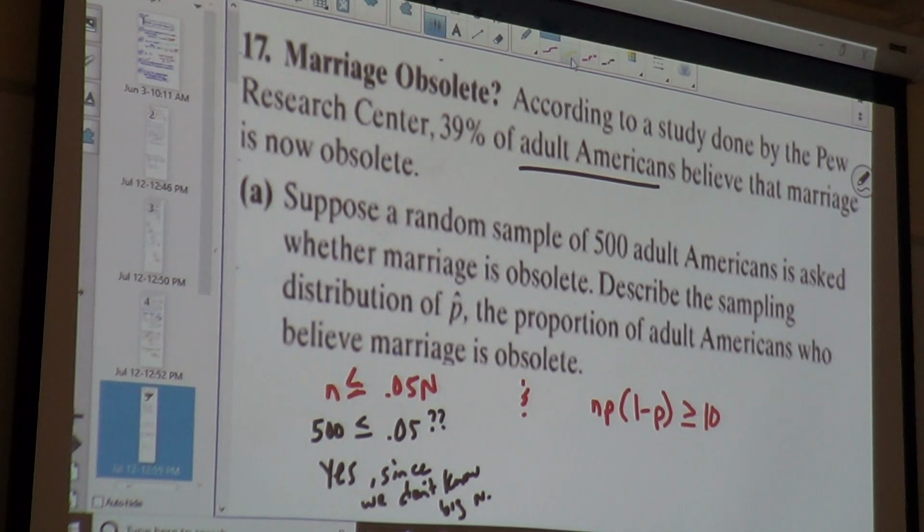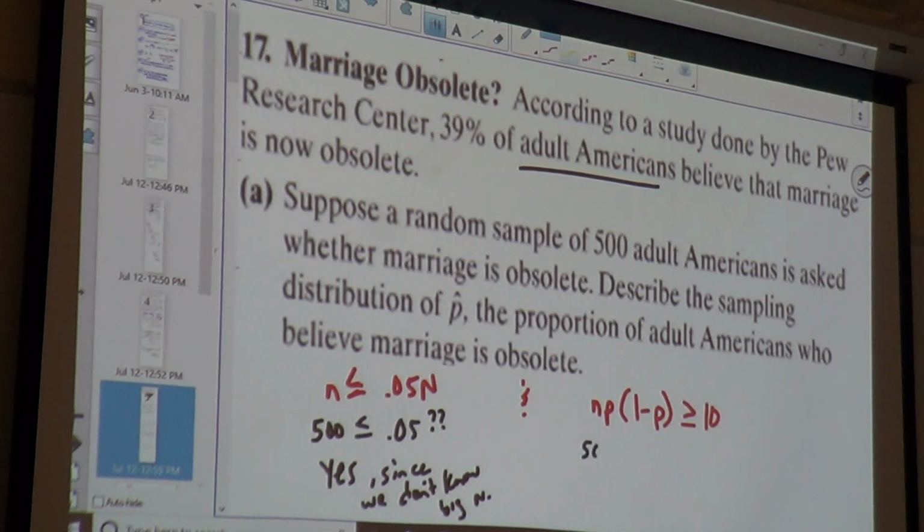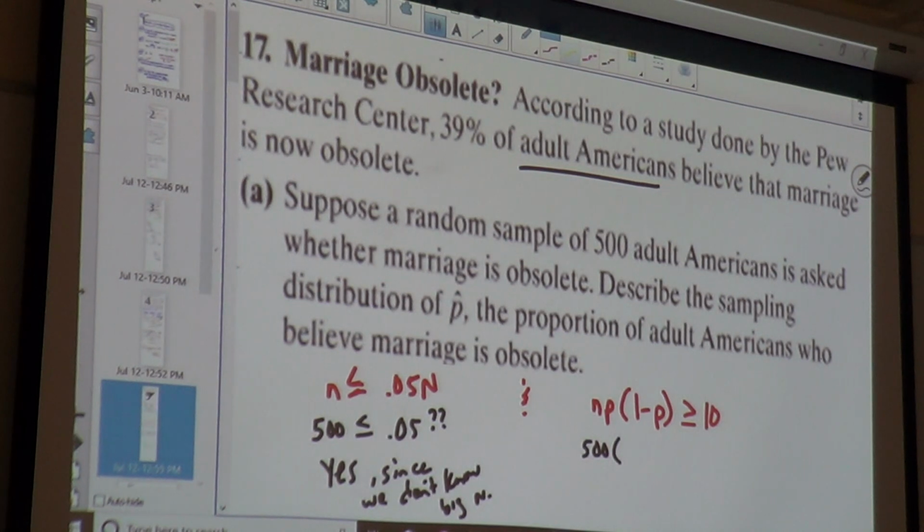All right, for the next one, what is n? 500. What is p? 0.39. So what is 1 minus p? 0.61. We want to know, is that answer greater than or equal to 10?